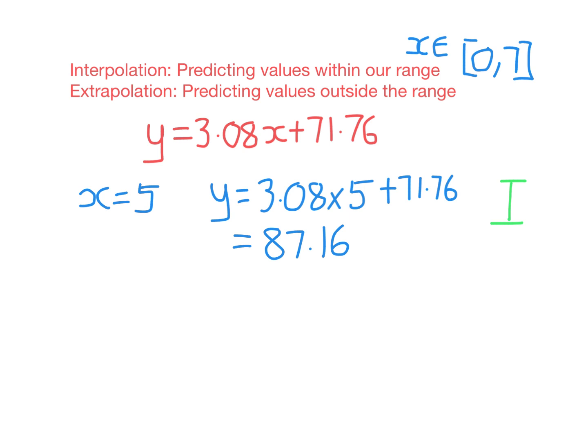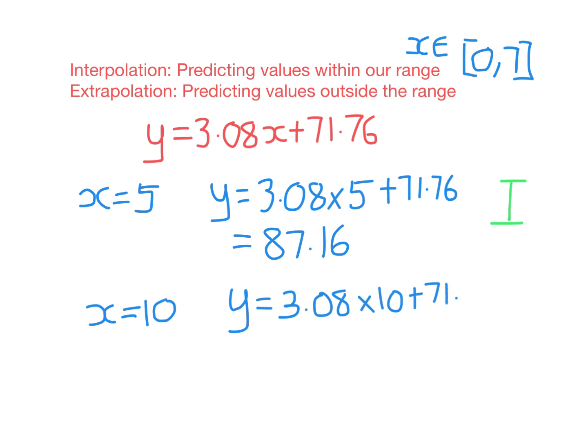Let's see what would happen if we use extrapolation. Let's predict what would happen if, say, x equals 10. According to our equation, the y value would be 3.08 times 10 plus 71.76. And that gives us 102.56.